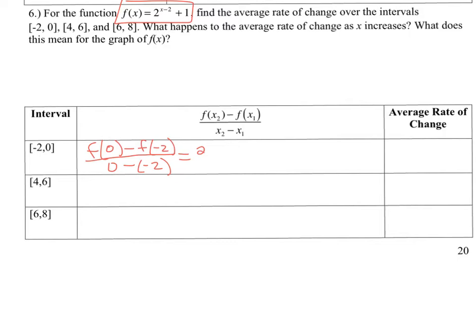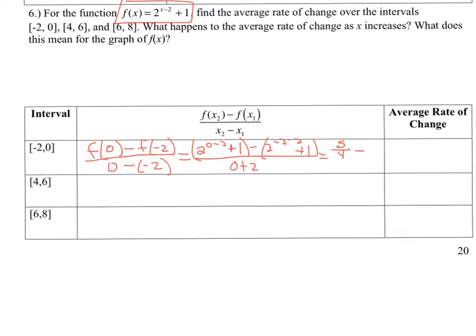f of 0 means you're going to replace the x in the rule given at the top with 0. You're going to figure out what that is. You're going to subtract from it the value you get when x is -2. In the denominator, 0 take away -2 is really 0 plus 2. So in the top we have 2 to the -2nd, which is 1/4, plus 1 gives us 5/4.